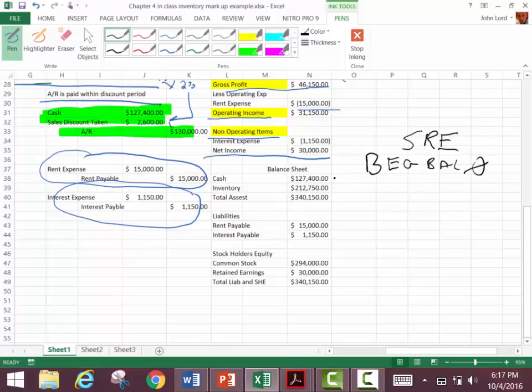Then I add my net income. I don't repeat the income statement over here. That's what the income statement is for. So I just show my net income. And did I have any dividends? Dividends are going to be 0. And so the ending balance in retained earnings is 30,000.